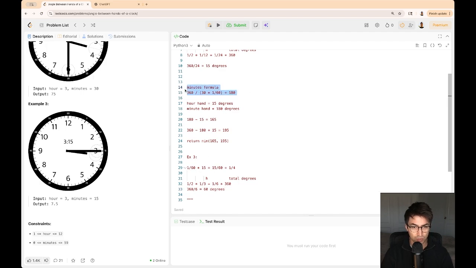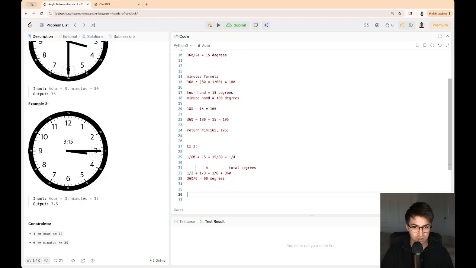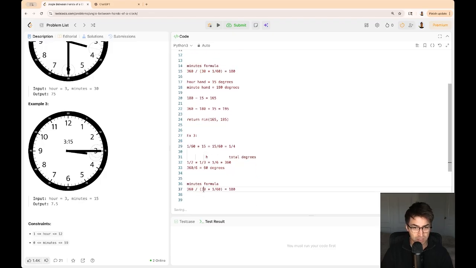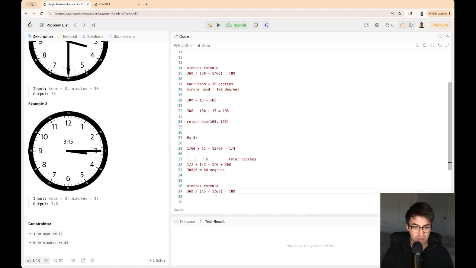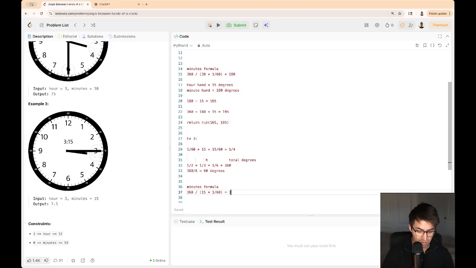And then the minutes formula, 360 times 15. 15 divided by 60 is 1/4. 360 divided by 1/4 is, is that right? 60 is 1/2.